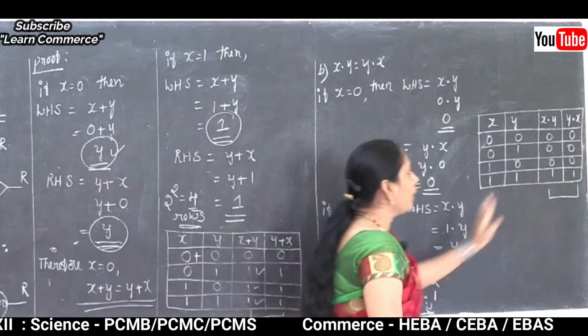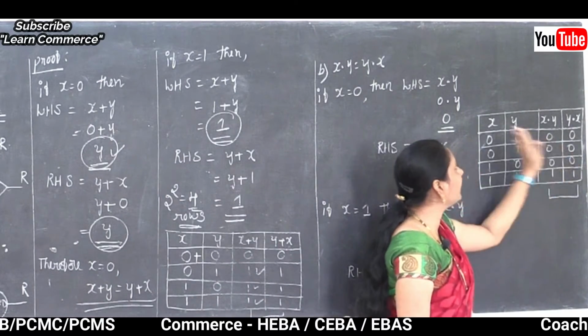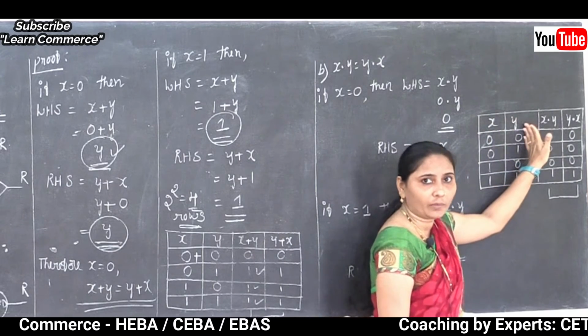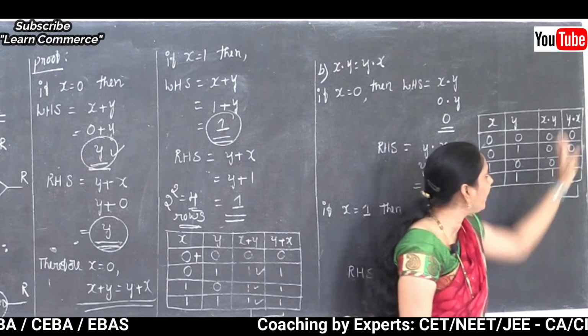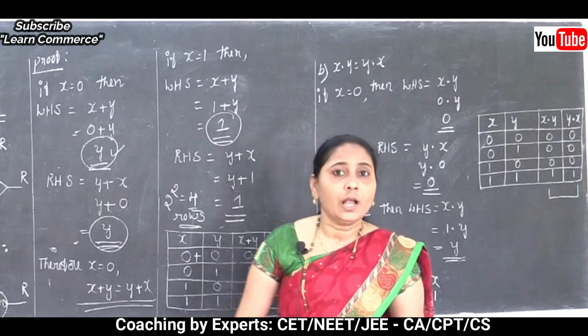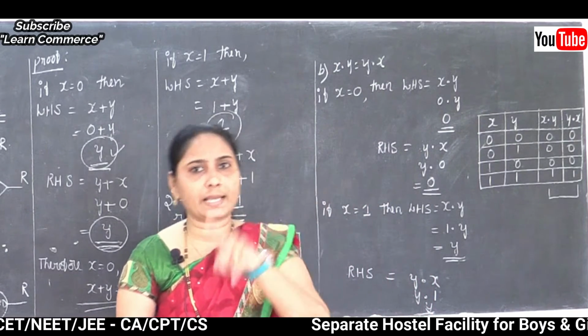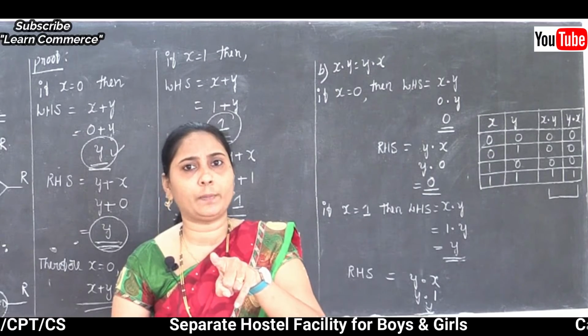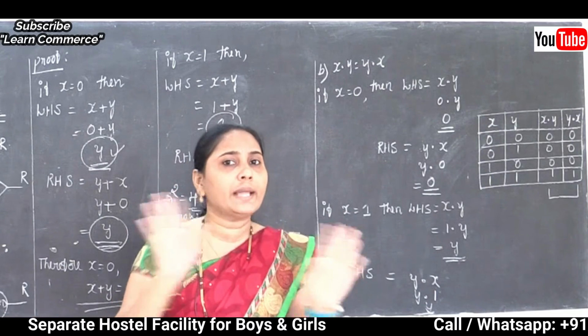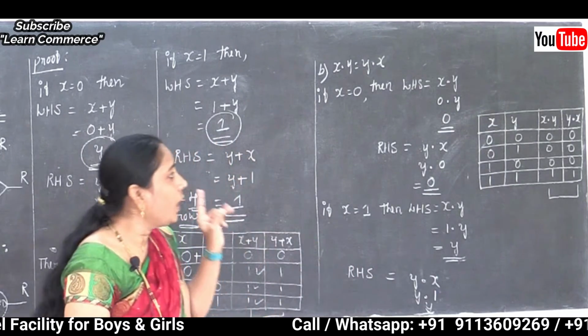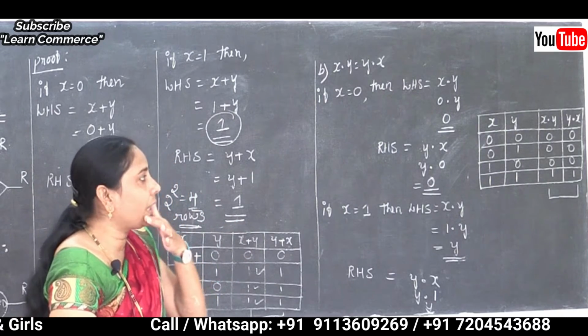Now we multiplied the x and y column values, but if we multiply y and x, will the values change? Whether we use the first and second column, or multiply the second with the first column, there are no changes. So the y and x values are also the same.